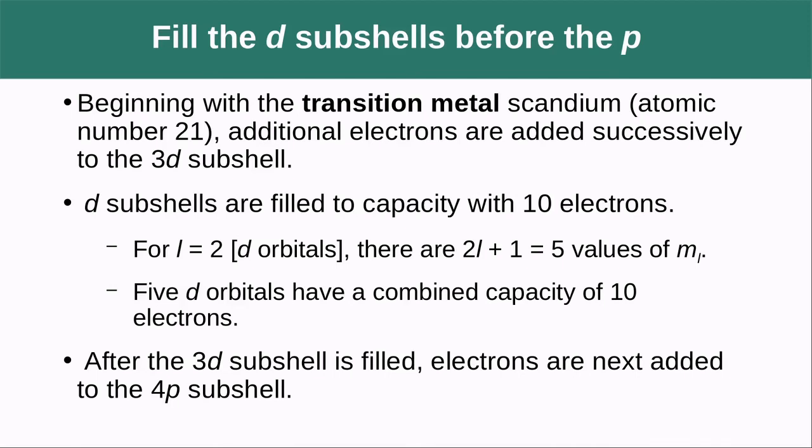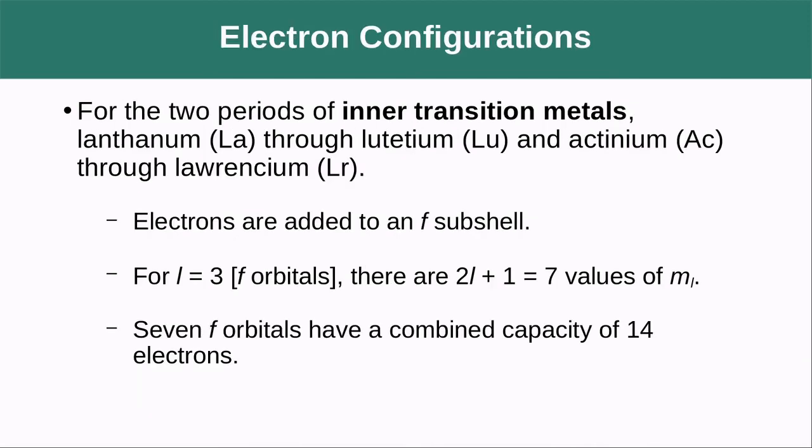For l equal to 2, there are 2 times l plus 1, 5 values of ml. 5 d orbitals have a combined capacity of 10 electrons. After the 3d subshell is filled, the electrons are next added to the 4p subshell. So like we talked about before, it doesn't exactly make sense, but it's the way that it plays out.